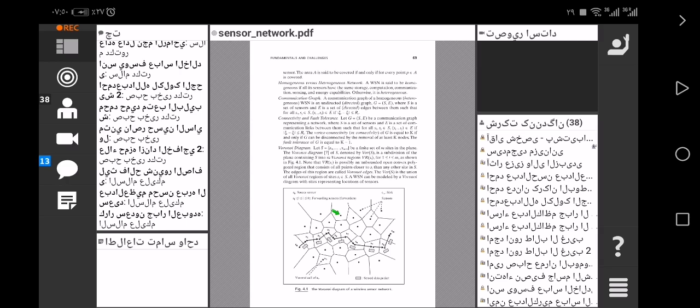So we call this area a Voronoi region. Each node has its own Voronoi region. The union of all Voronoi regions is called the Voronoi diagram. Okay, Voronoi region, Voronoi diagram.